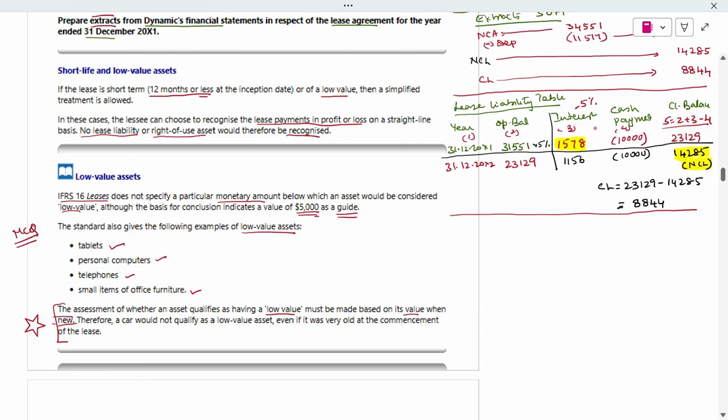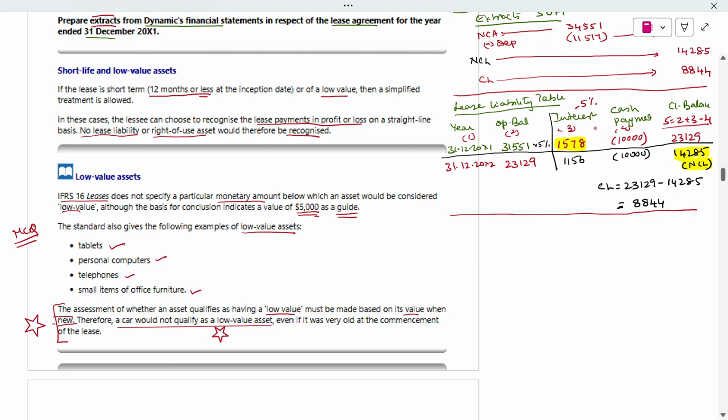You cannot say the old asset. A new tablet, new personal computers, new telephones, new small items. We should not take the old value. A car will not qualify as a low value asset.